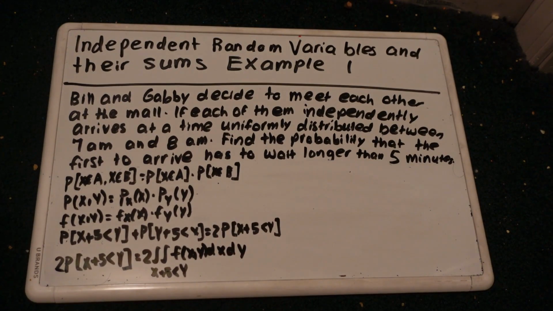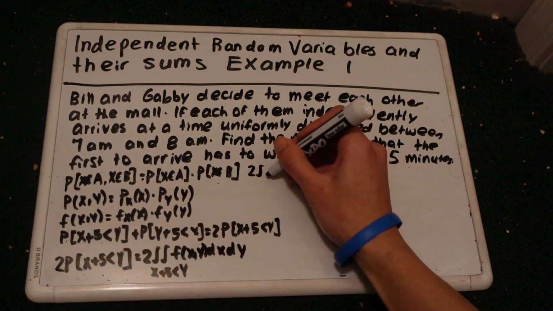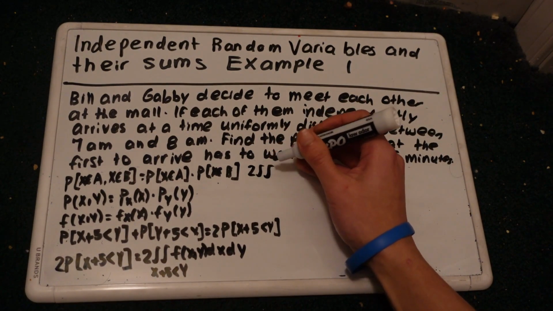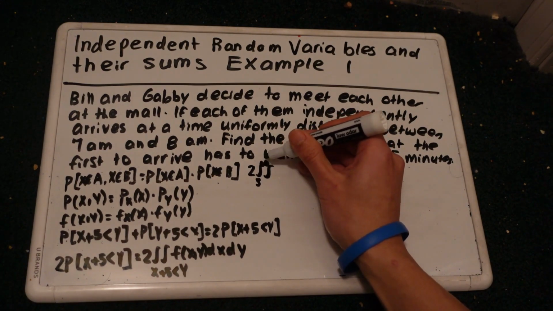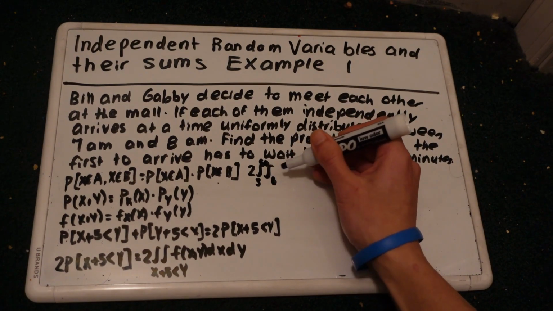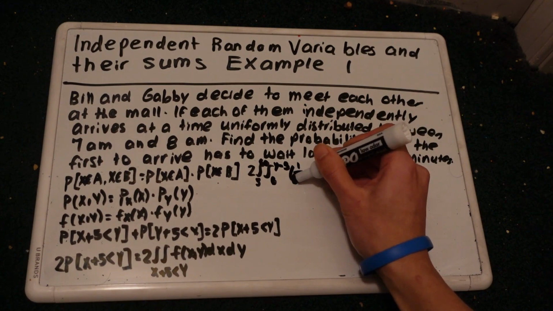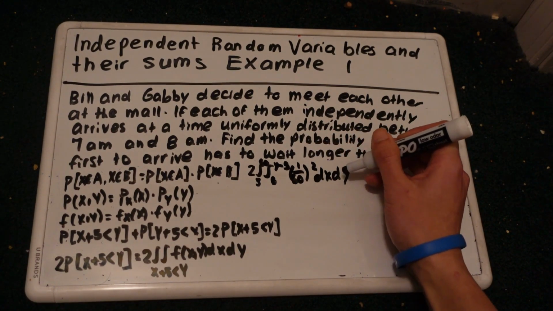So let me set up the integral. It would be 2 times the integral from 5 to 60, with x from 0 to y minus 5, of 1 over 60 squared dx dy.